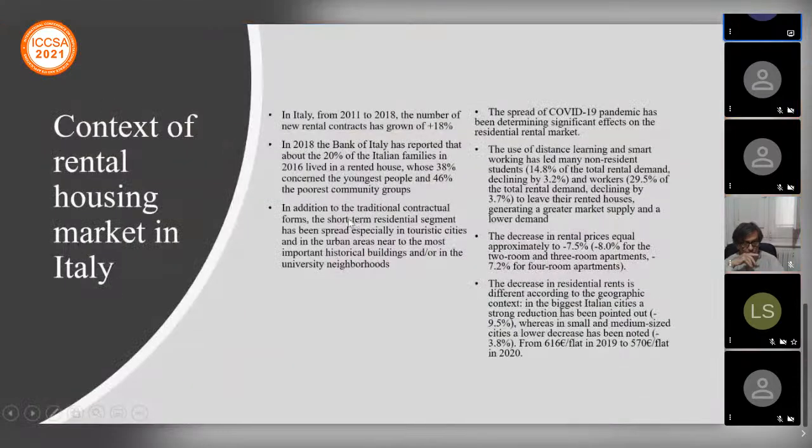The rental housing market in Italy is a very big sector. From 2011 to 2018, the number of new rentals has grown over 18%.